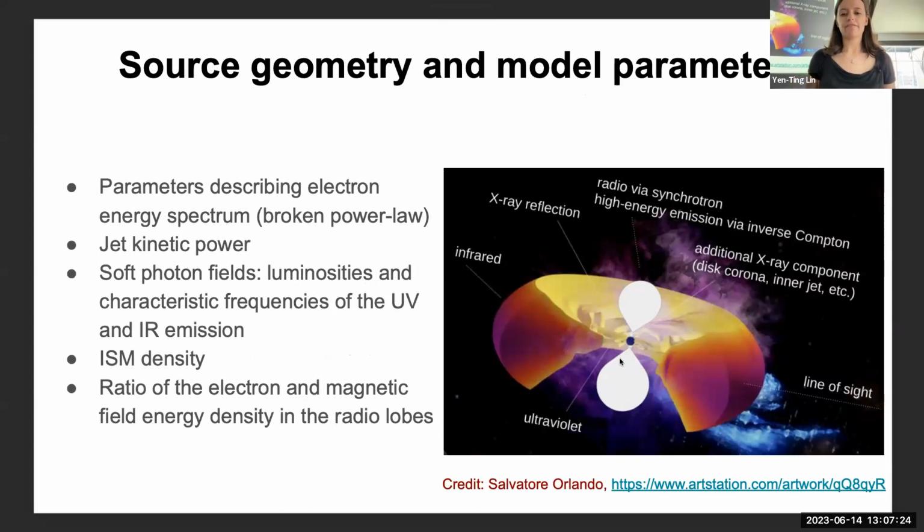Later, we also have inverse Compton scattering of UV photons coming from the accretion disk and inverse Compton scattering of photons coming from the infrared. Since along the line of sight we see the objects through the torus, we do not observe UV emission directly, but we do observe infrared emission directly. The emission will also depend, within this model, on the ISM density and the ratio of the energies of the electrons and magnetic field within the radio lobes.